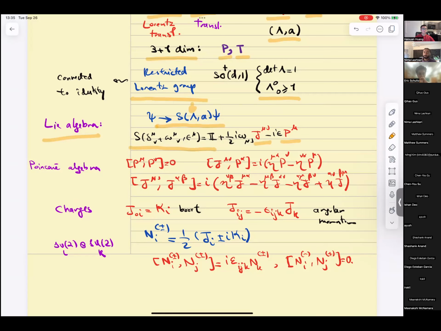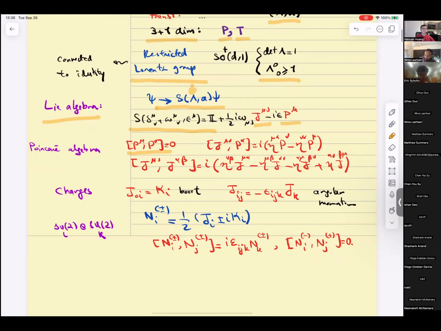We said that the charges satisfy the Lie algebra. So here's the Poincare algebra. The translations commute. The translations and Lorentz transformations do not commute, and Lorentz transformations are non-commutative themselves.